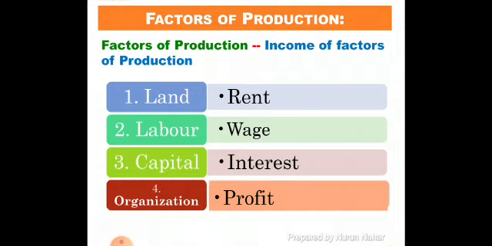When we use an organization for the production process, we give profit to the owner of the organization or the organizer. So in this way, distribution process is performed. Owner of the land gets rent, owner of the labor gets wage, owner of the capital gets interest, and owner of the organization gets profit.